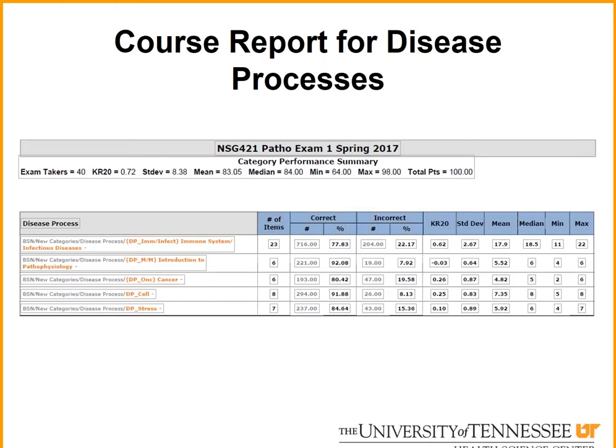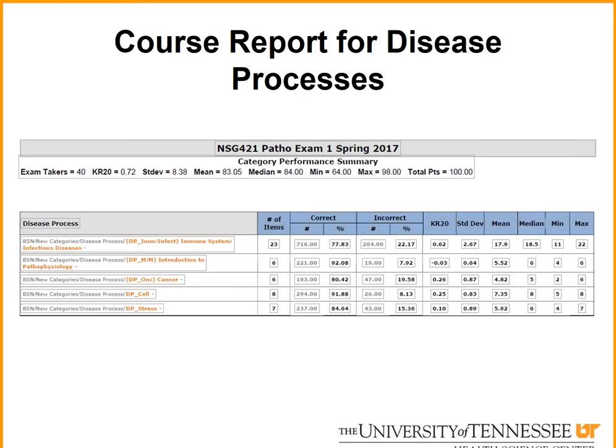You can see that it gives you your KR20, and on the Intro to Pathophysiology I have a negative KR20. So it gives you a lot of detailed reports and statistical analysis for your particular exam. But the nice thing is when you get through, you can run this report for all of the exams in that course. This particular course has 3 exams and a final.